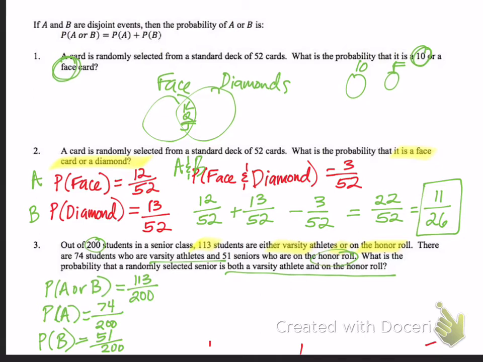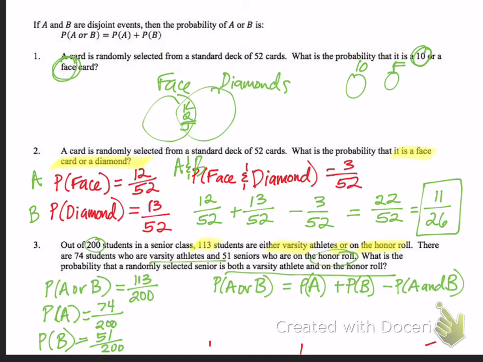So I'm going to take my formula, which was given to me, which is the probability of A or B equals A plus B minus A and B. And I'm just going to plug in what I know, and I'm going to solve for the missing piece.